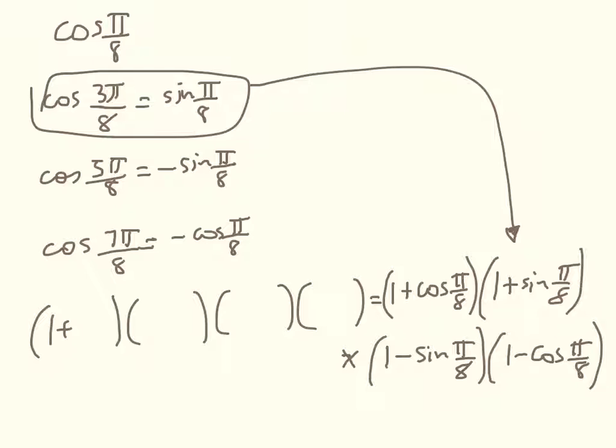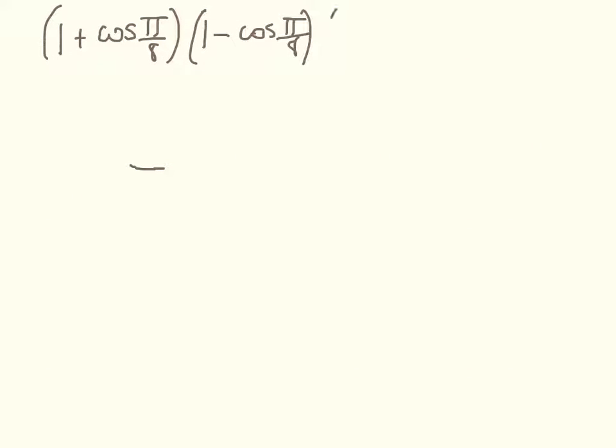Right, I'm going to do a new slide, and I'm going to write that out and see what we can see. Okay, so I'm going to regroup the order there, and hopefully you will have already seen what I'm doing here. So 1 plus cos pi on 8, and the last one is 1 minus cos pi on 8. One minus sine pi on 8, and 1 plus sine pi on 8.